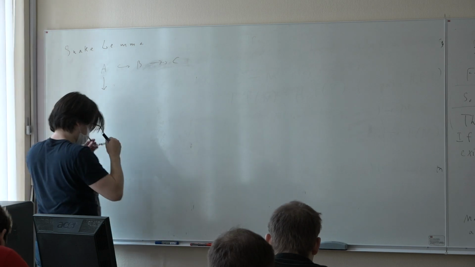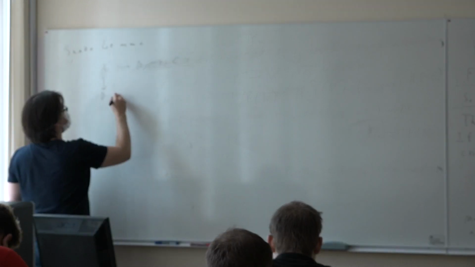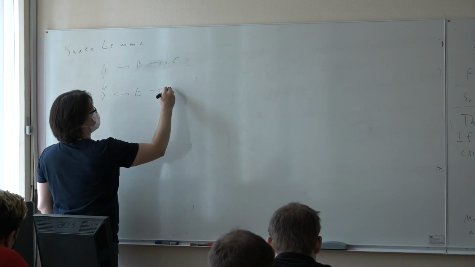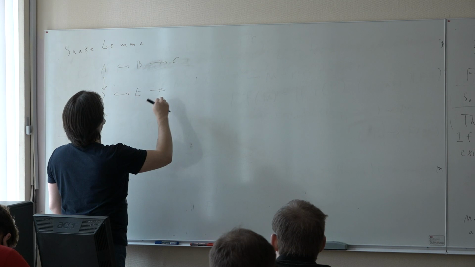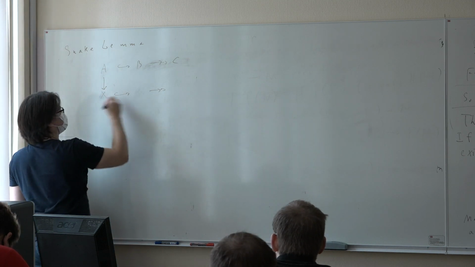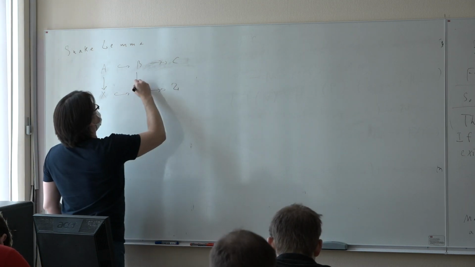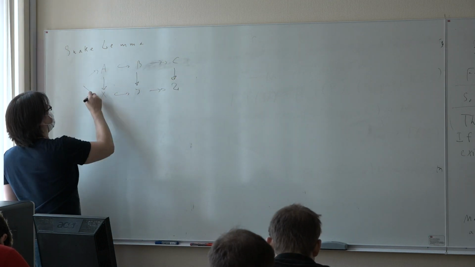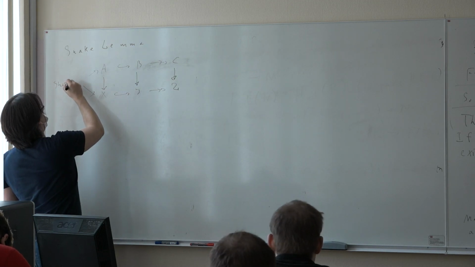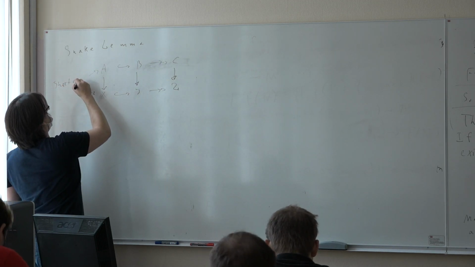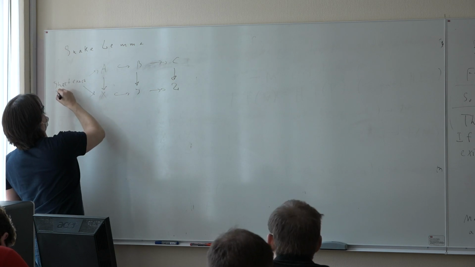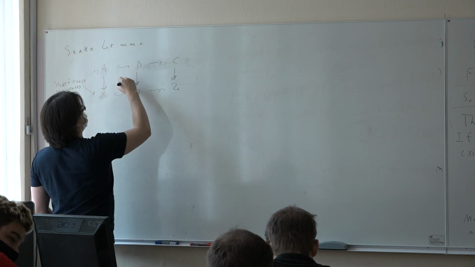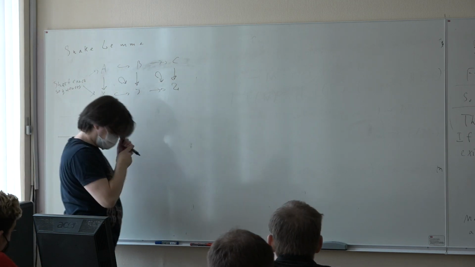Here D, E, X, Y, Z. Where here we have a short exact sequence, here a short exact sequence, and here we have commutative squares.